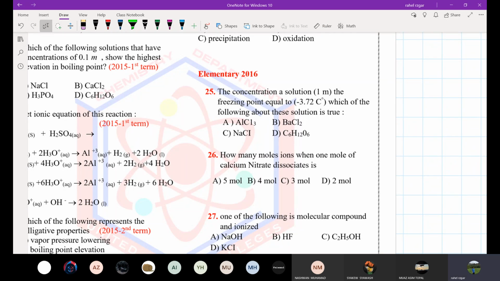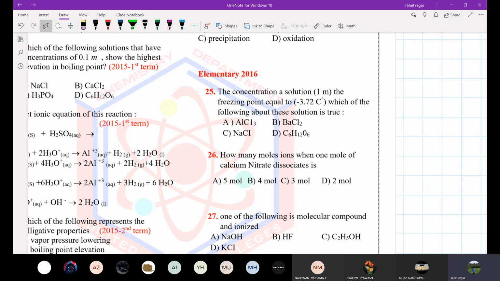Question 25 says the concentration of a solution is 1 molal, and the freezing point is equal to minus 3.72. Which of the following about this solution is true?